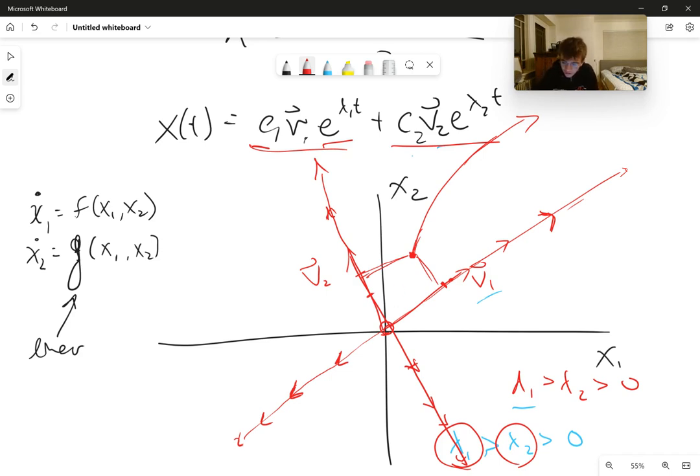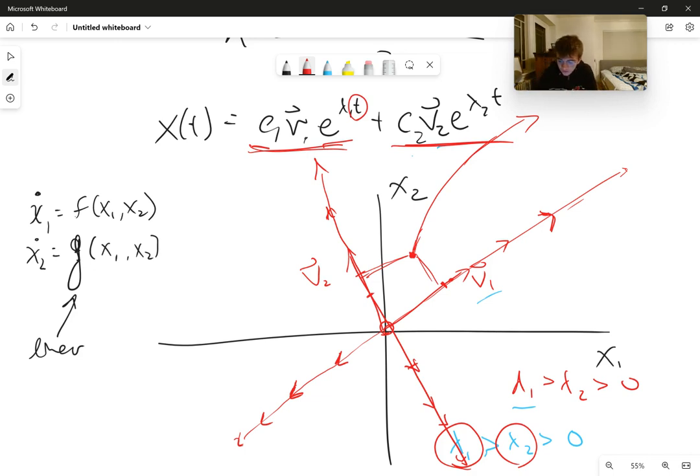And then similarly, as time goes to negative infinity, okay, so we can also reverse time in these systems. They're fully time reversible. And when time goes to negative infinity, both of these coordinates are going to collapse down exponentially, right? This exponent is just going to become very, very negative. So they're both going to go to 0.